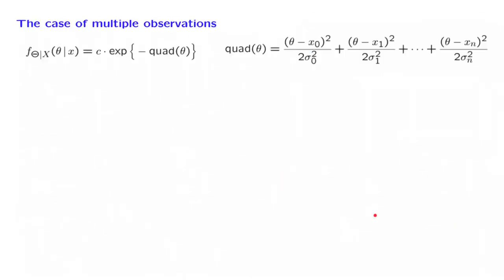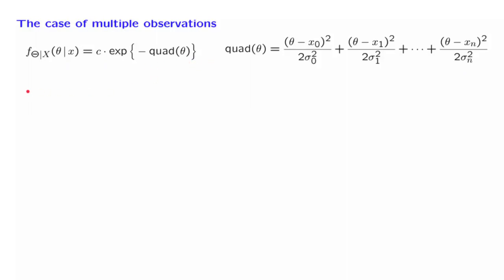Let us copy what we have found and rearrange it. Once more, we have a constant, then the exponential of the negative of some quadratic function in theta, and the specific quadratic function that we calculated just before takes this particular form. What is the mean of this normal distribution?